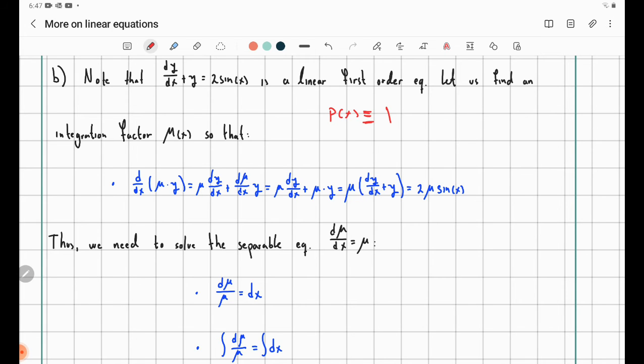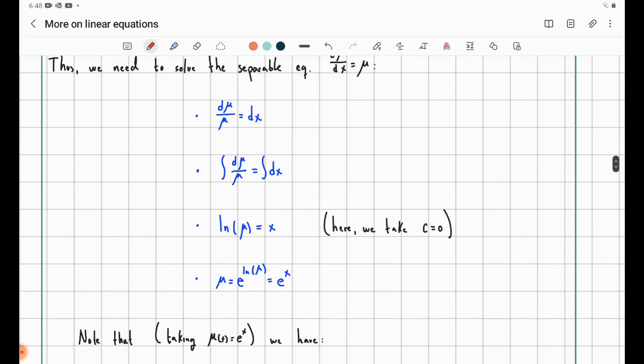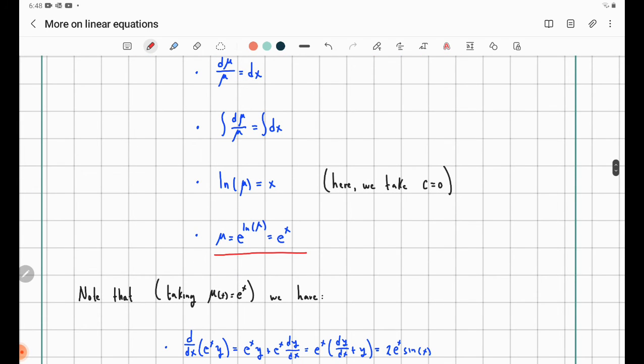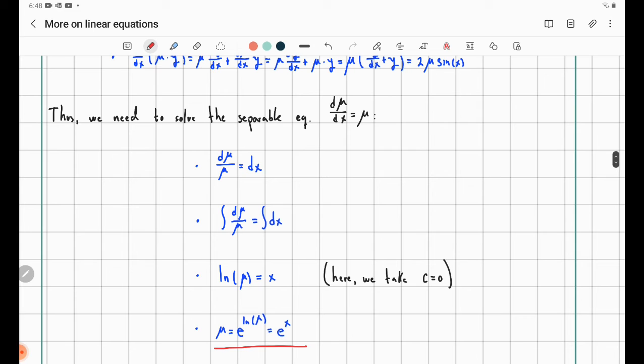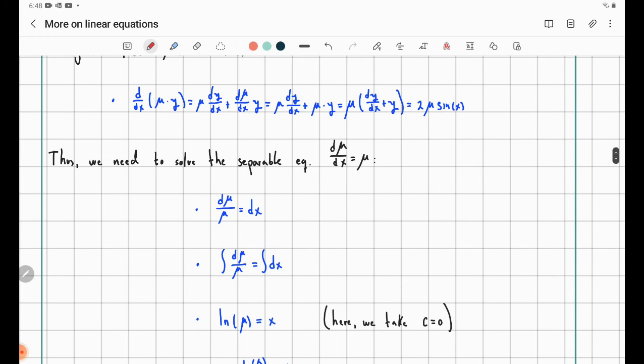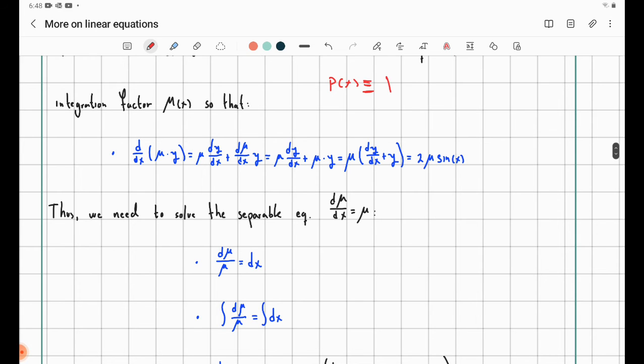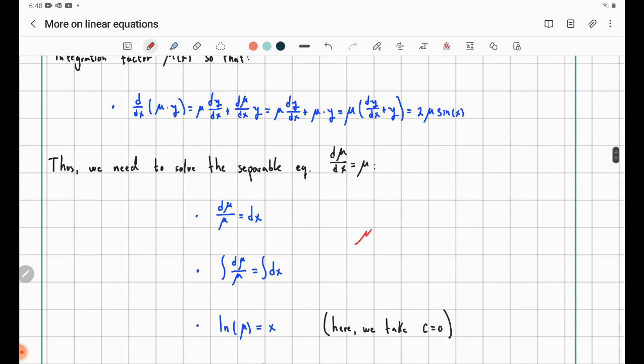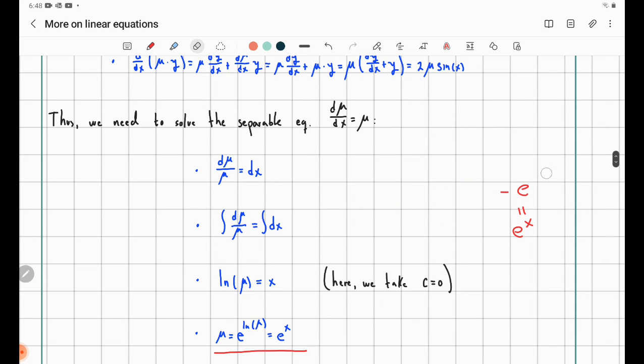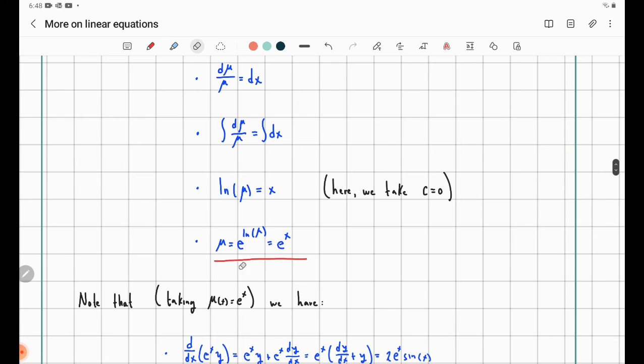Our integration factor is the exponential of the integral of p of x dx. Since p of x is equal to 1, this is the exponential of the integral of dx, which is just e to the x. So this is our integration factor, the exponential function.